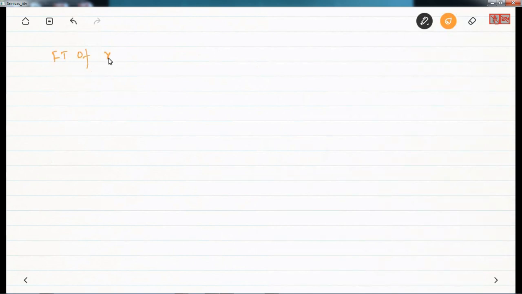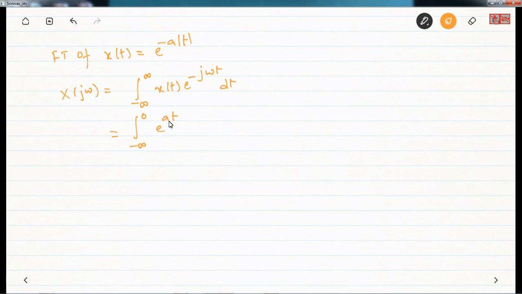Fourier transform of x of t is equal to e power minus a mod t. So x of j omega is equal to the integral from minus infinity to plus infinity of x of t e power minus j omega t dt. So this is equal to the integral from minus infinity to 0 of e power at e power minus j omega t dt, plus the integral from 0 to infinity.